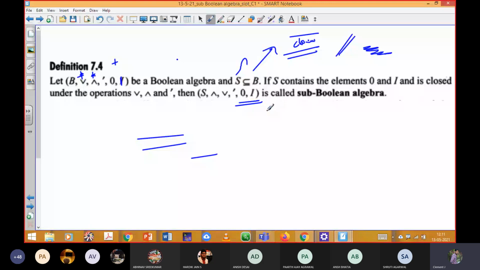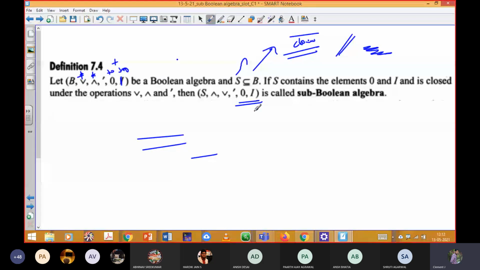Any one element can play the role of the greatest element, and any one element can play the role of the least element. That does not matter. It can be any one of the values, but it should follow the property. It should not have maximal and minimal elements; instead it should have a direct greatest element and a direct least element.